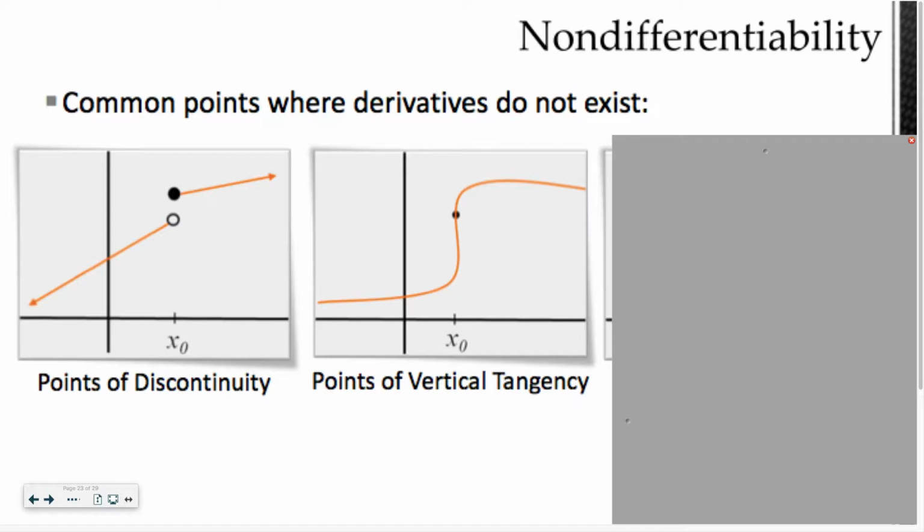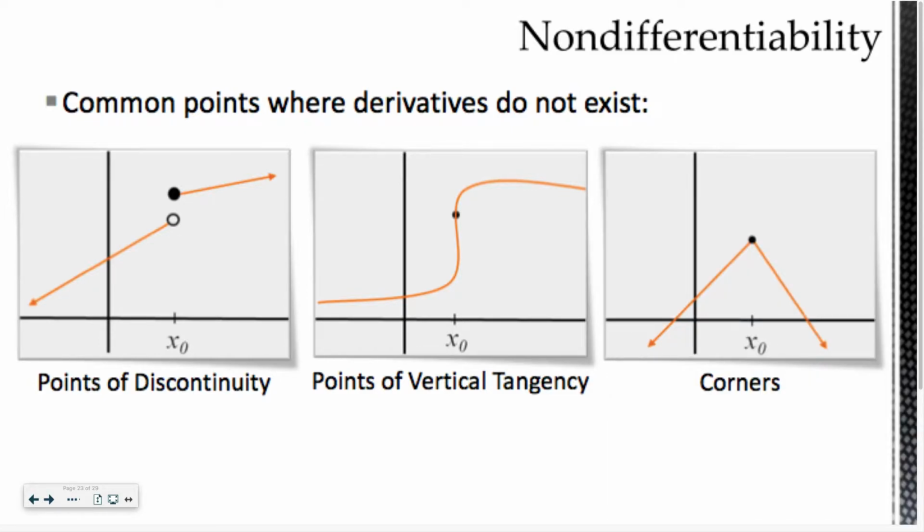And then what Celine was describing for us is like a piecewise function where our slopes aren't matching. I'm going to describe that as like a corner. Sometimes you'll hear it called a cusp. But there's no way for us at this point to describe what the slope is there.